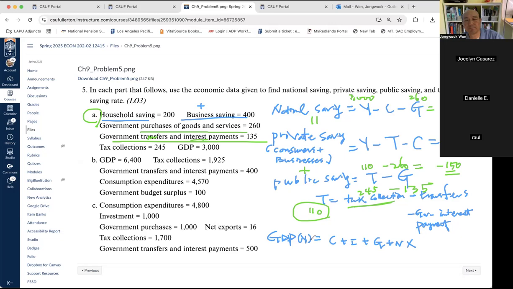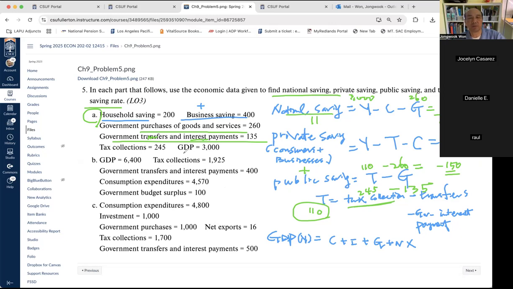So the answer is 450. National saving is 450, private saving is 600, public saving is negative 150. The national savings rate is national saving divided by GDP.